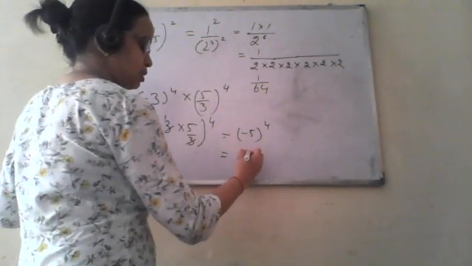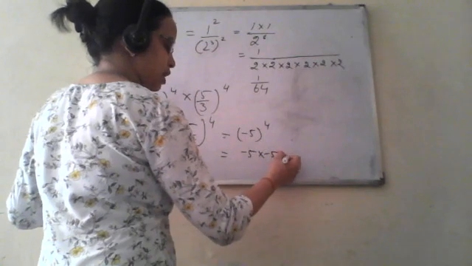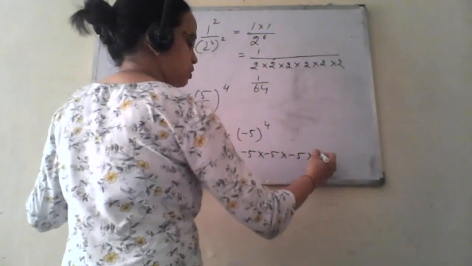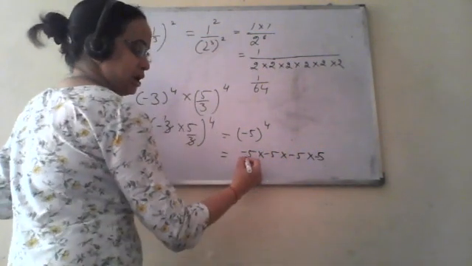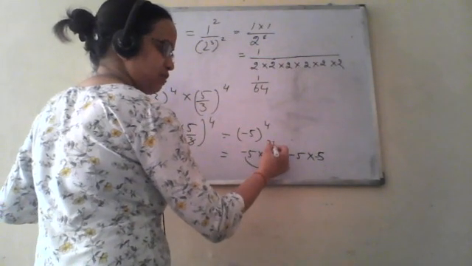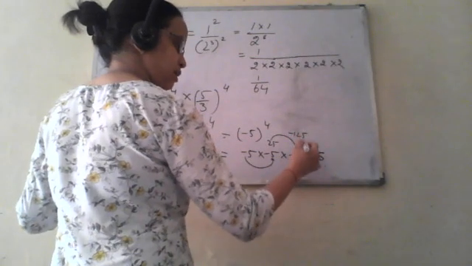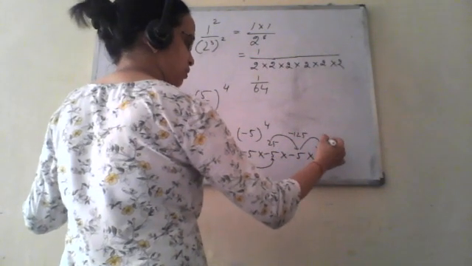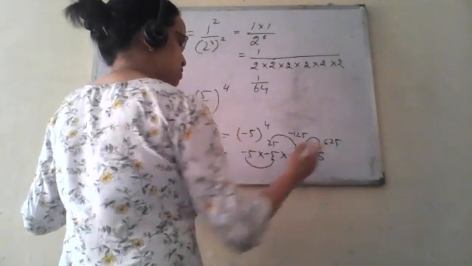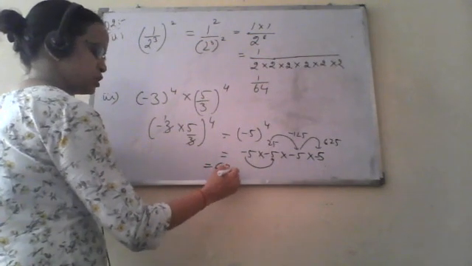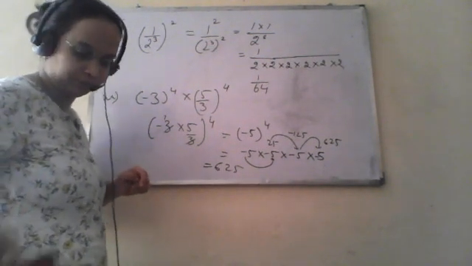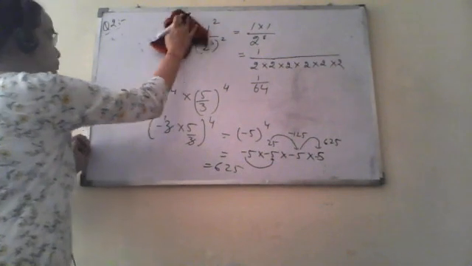Now it is minus 5 into minus 5 into minus 5 into minus 5. Minus 5 into minus 5 will be 25. Now 25 into minus 5 will be minus 125, and minus 125 into minus 5 will be plus 625. So the answer is 625.